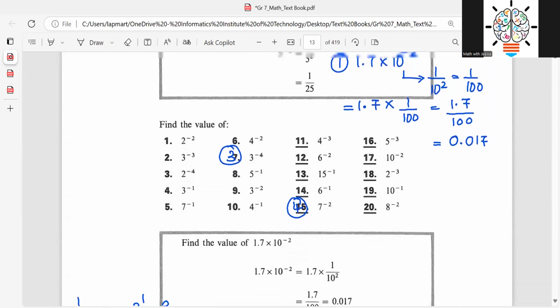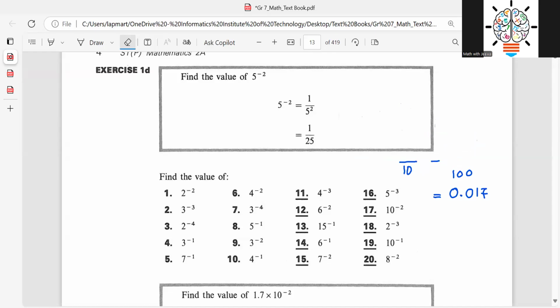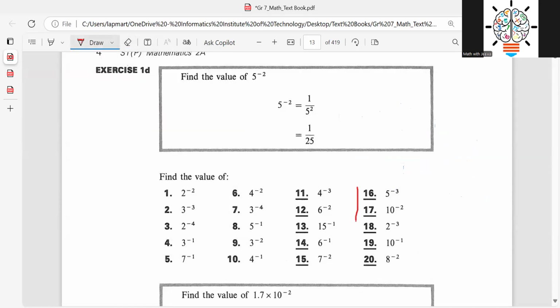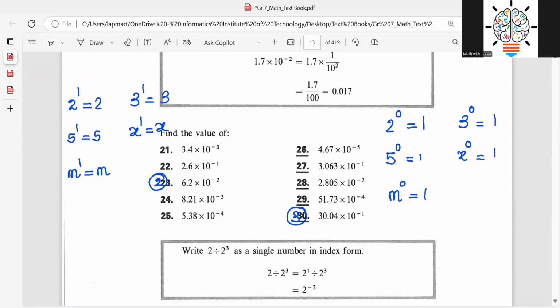So what you can do in Exercise 1D, right? You can copy down what are the things you want to do, children. Exercise 1D, questions 16 to 20, right? So then here I will mark. So these are the questions. First you want to do these. Read the question carefully. Here you want to find the value, right? Then 1D itself, then you want to do, I will erase all these things.